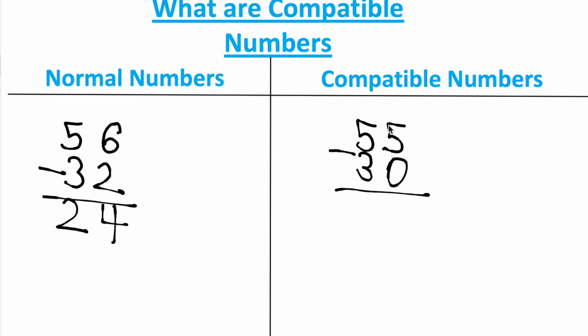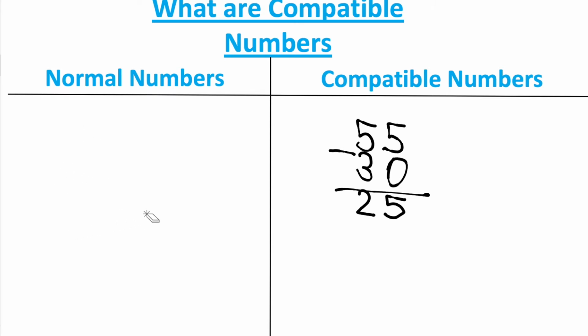Now, 5 minus 0 is 5 because there's nothing to subtract from it. Then 5 minus 3 is 2. So we put this, and it's 25. You see, it's really close. That's correct.